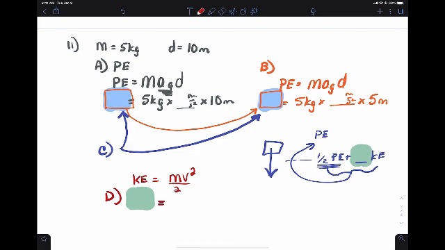So KE equals the mass, 5 kilograms, divided by 2, times v squared, and what you're trying to solve for is that velocity. So you're going to multiply both sides by 2, divide both sides by 5, and then take the square root of that value to get your velocity.